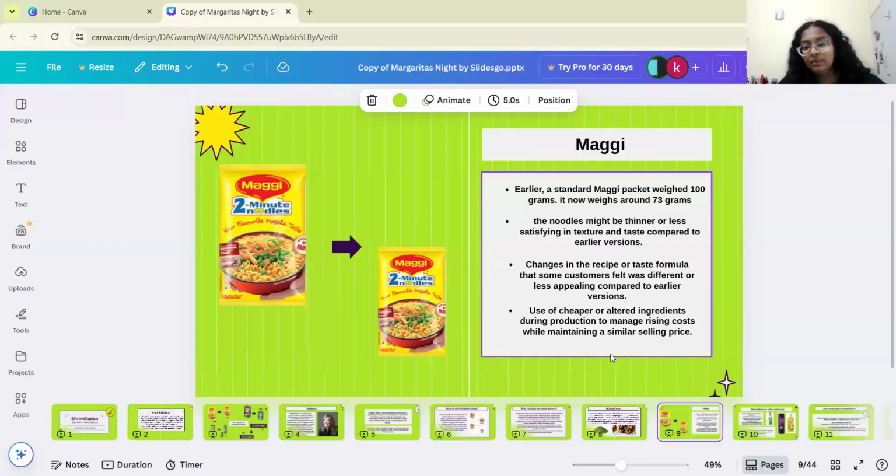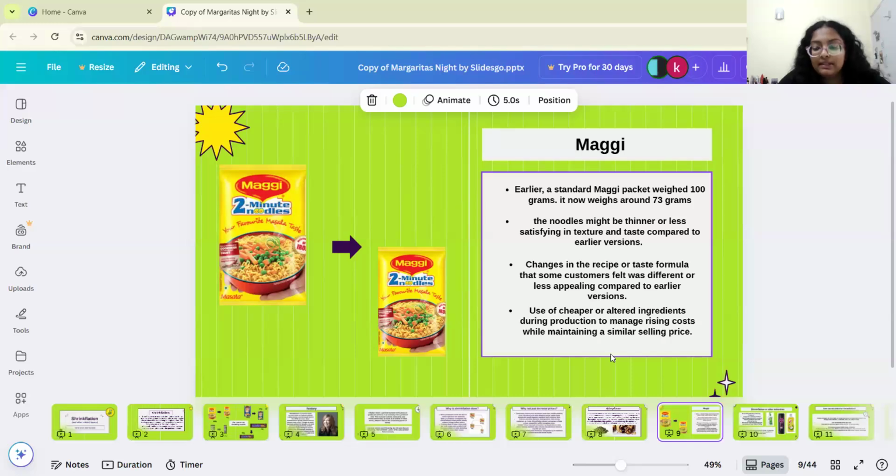Maggie, I'm sure all of you know, is a product that's a prime example of both shrinkflation and skimflation. When it initially started, it used to weigh around 100 grams per packet, but nowadays it weighs roughly around 73 grams. Consumers have also noticed that the noodles have gotten thinner, the texture has changed, and also the taste compared to earlier versions.